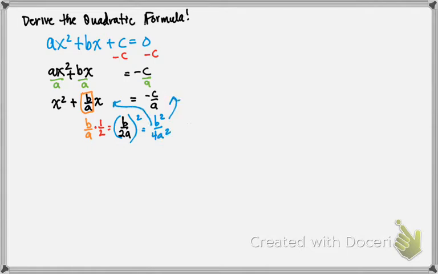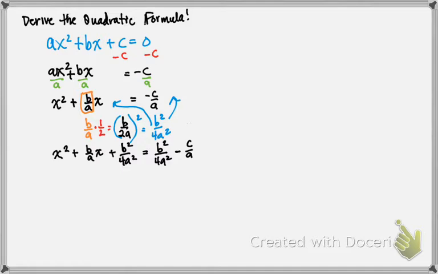That's what gets added to both sides. Now this is starting to make more sense. So I get x squared plus b over a x plus b squared over 4a squared equals b squared over 4a squared minus c over a.